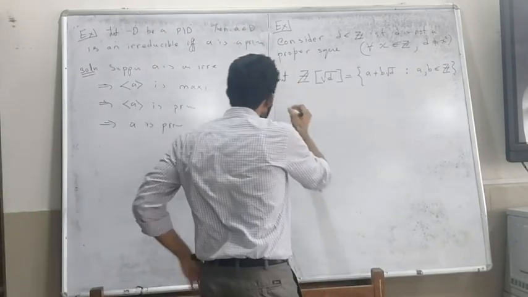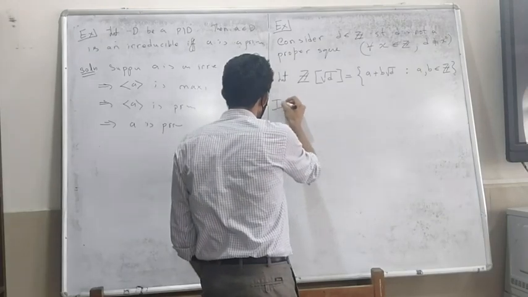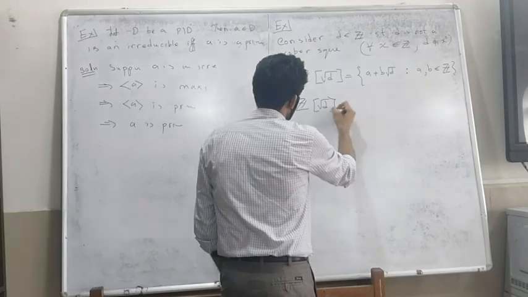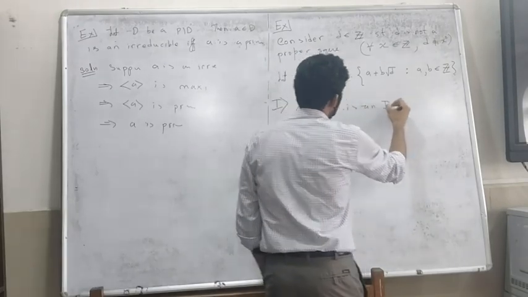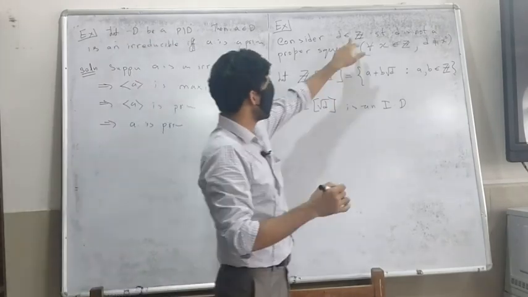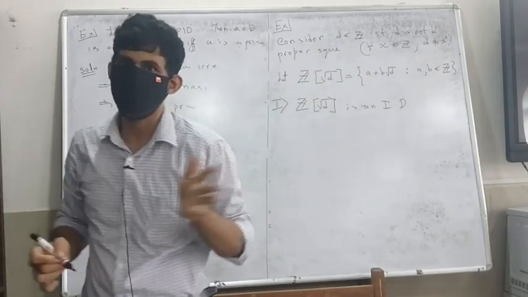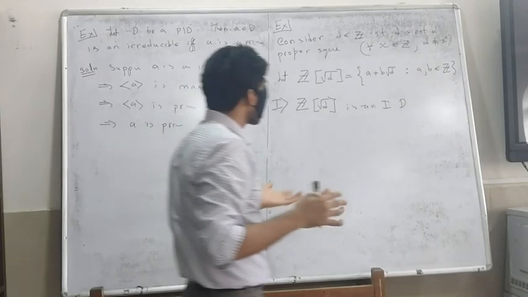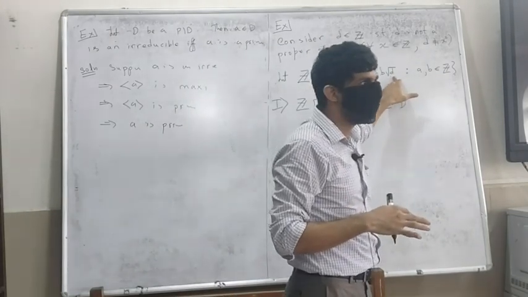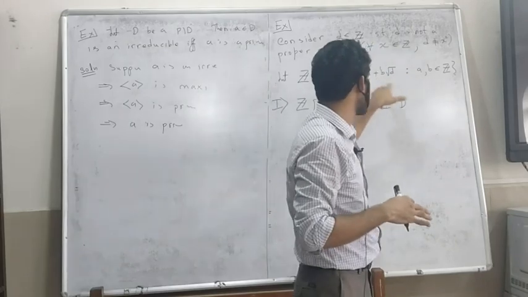So 1 is in this, so Z[root D] is an integral domain. In fact, the fact that this is an integral domain follows without putting any restriction on D. It's just that if this was a proper square root, I don't think you'll get anything extra by putting this.